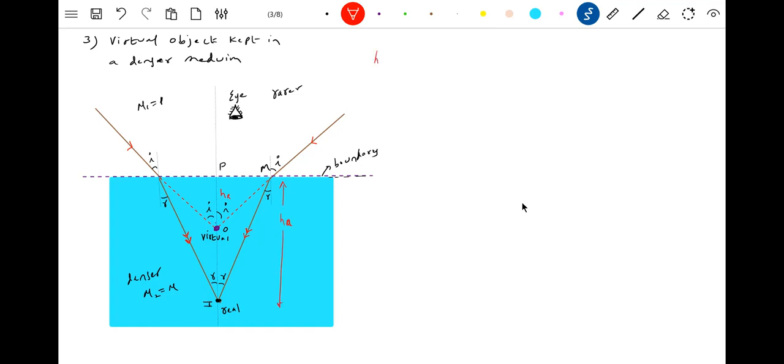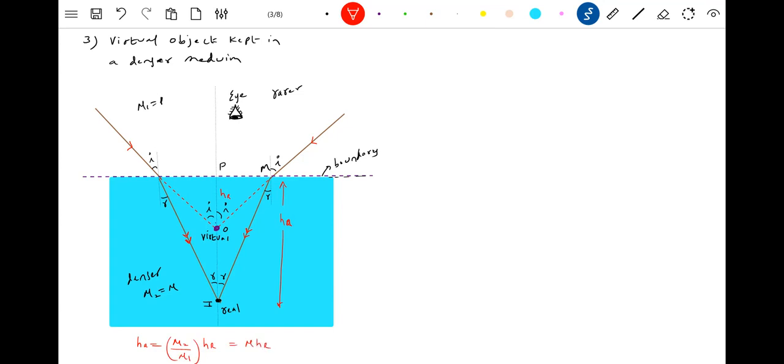So what is apparent depth? Same derivation. Instead of deriving it, I'll directly write it here. So this will be mu2 by mu1 into HR, or this will be mu HR.